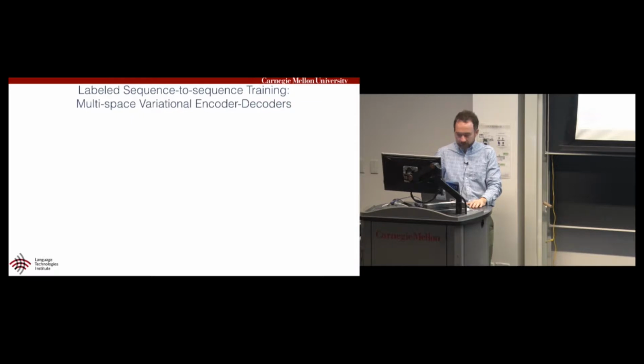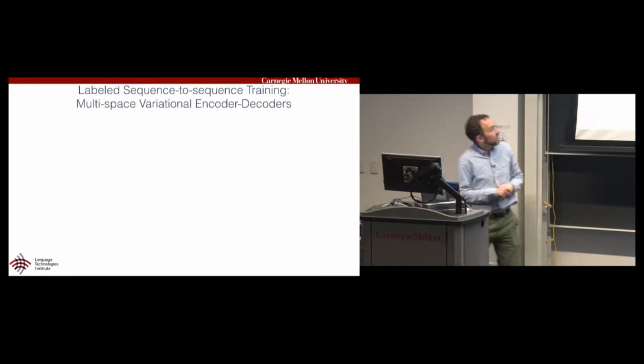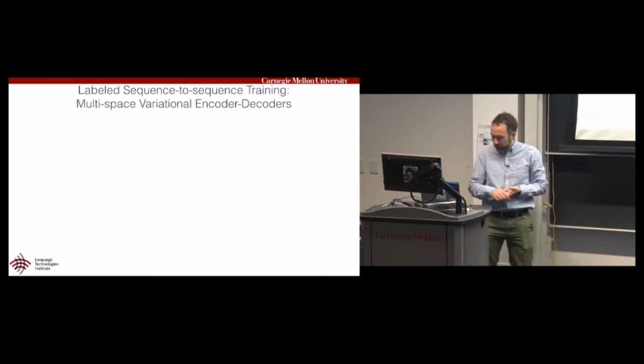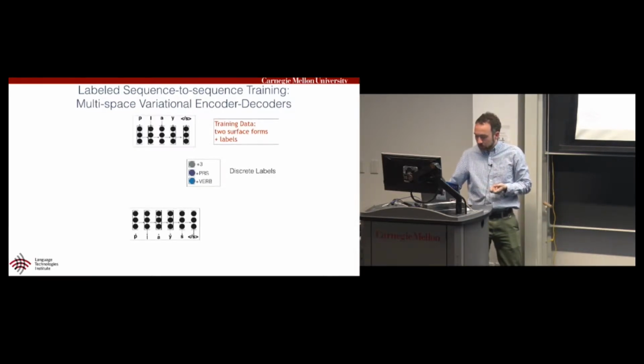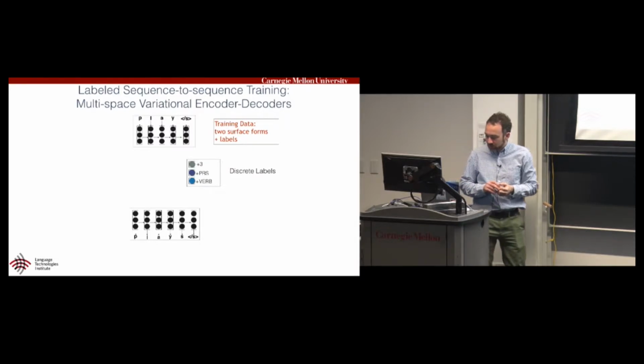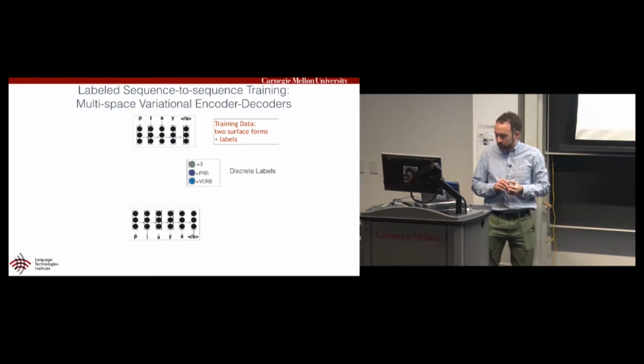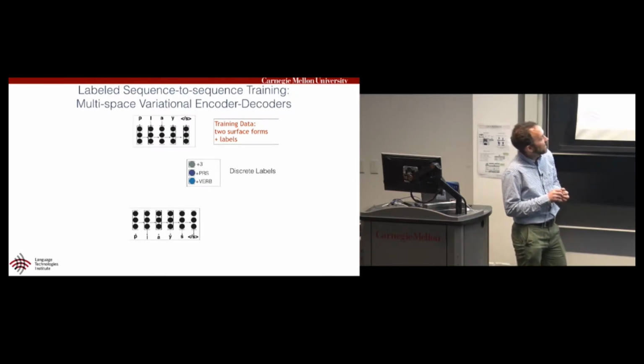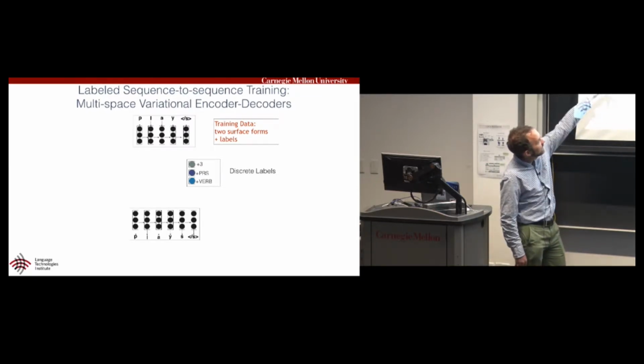The other interesting thing is that we don't necessarily only need to train this using data where the input and the output are the same. What we can do is train an encoder-decoder where we have a surface form on the input side and a surface form on the output side, and we know that these two basically have the same underlying meaning.